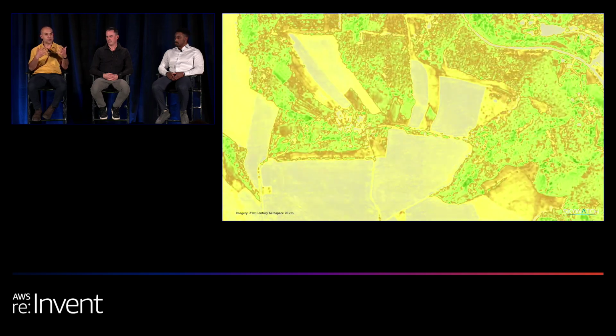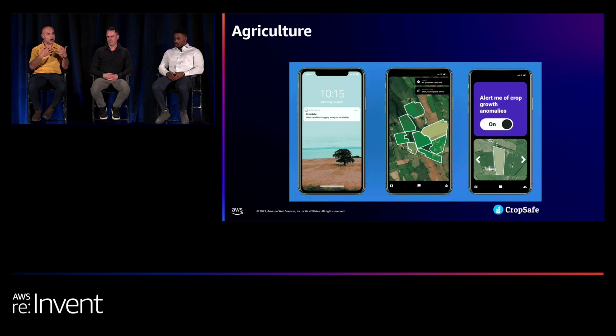And so this is really interesting for a farmer who might want to know where to invest limited resources such as fertilizer or machinery in order to improve the health of their crop. And instead of having to drive around and actually take those measurements themselves, with a single acquisition from space, one of our clients, CropSafe, incorporates this data into an application. And now a farmer on the ground in a single snapshot can assess the entire health of their crop from their phone.